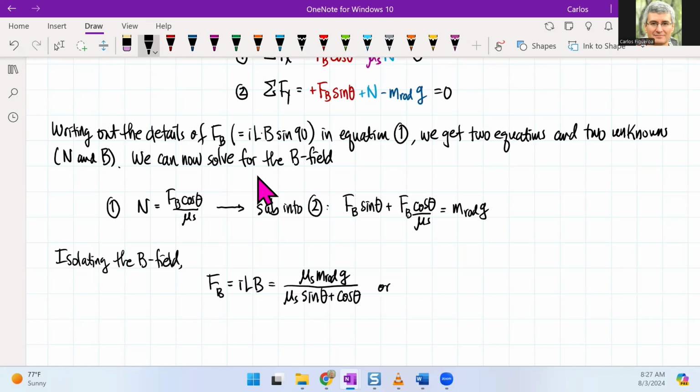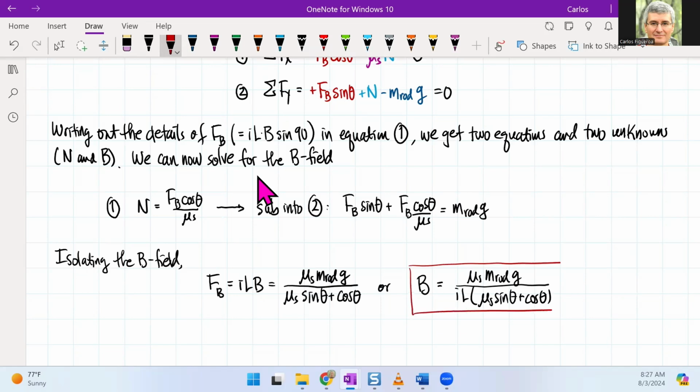Or we can write that the magnetic field is IL times mu_s sine of theta plus cosine of theta, all divided into mu_s m_rod g. That's our magnetic field expression right here. And that's part A.